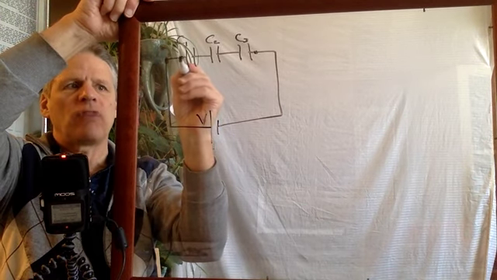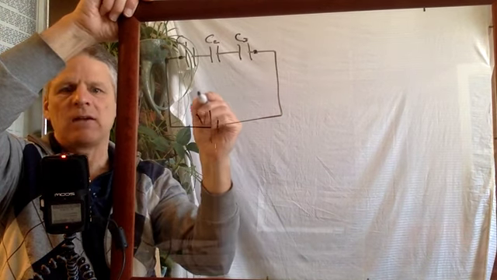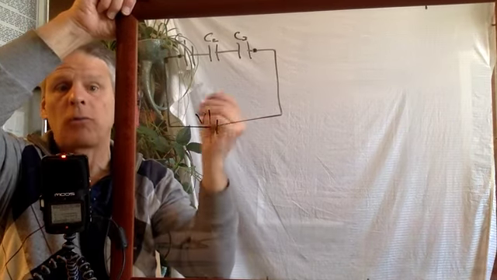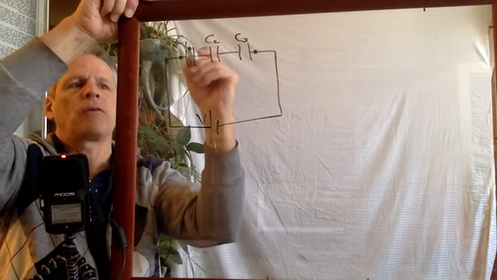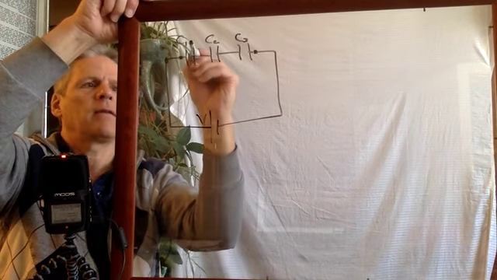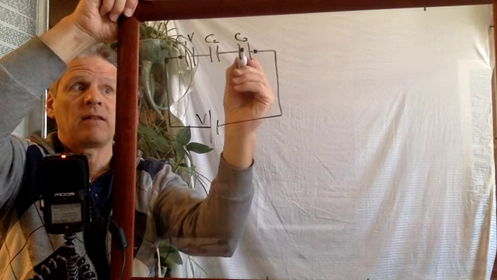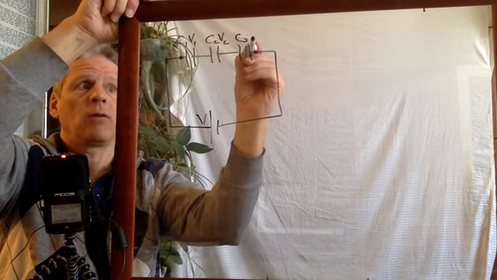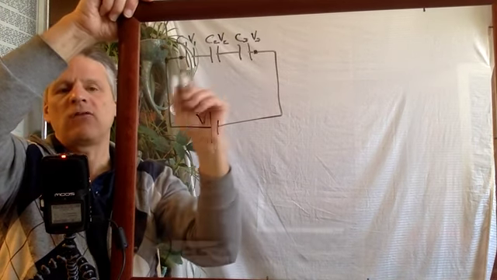So if the voltage difference from here to here is V total, then the voltage difference from here to here must also be equal to V. Well, what is the voltage difference here? This time we don't know that these are the same, so we have C1, V1, C2, V2, C3, V3.